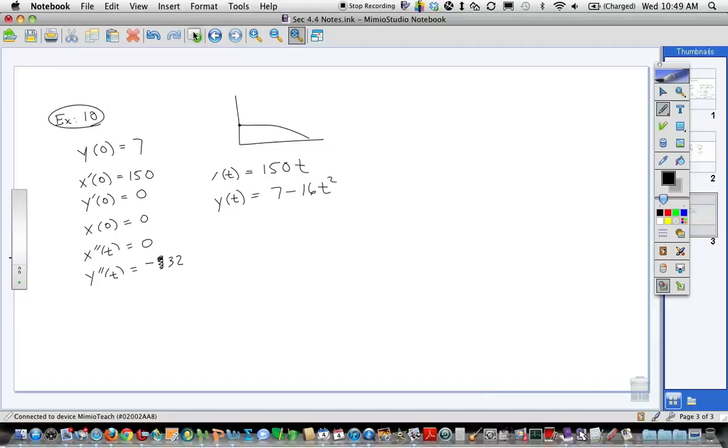What's the c? It'd be your y prime of 0, 0. So that'd be negative 32t. That's y prime. What's y then? Negative 16t squared plus c. What's the c? Oh, the initial y value. Initial y value set. Okay.